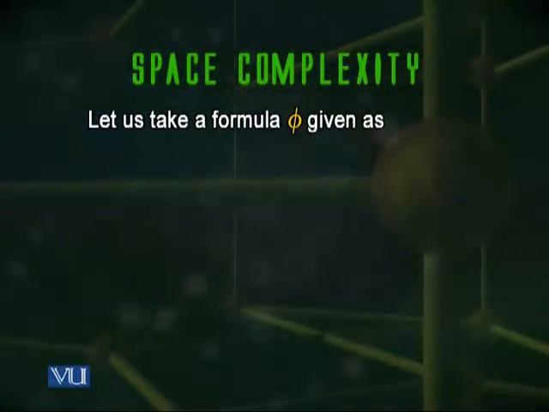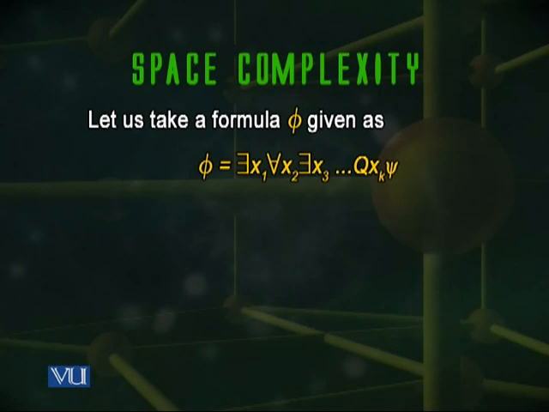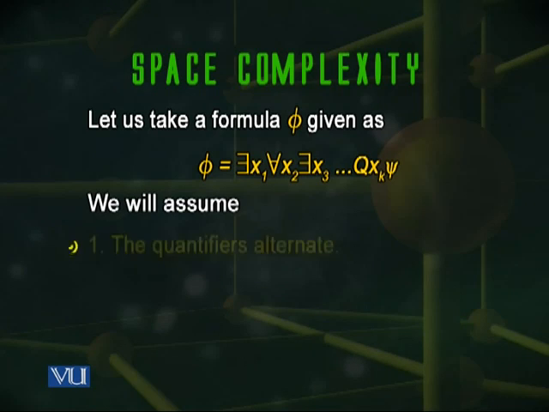So let's take a formula phi, a quantified Boolean formula, and therefore phi is equal to there exists x1 for all x2, there exists x3, all the way up to some quantifier on the kth variable, and then psi. Here we will assume, for simplicity, that the quantifiers alternate.